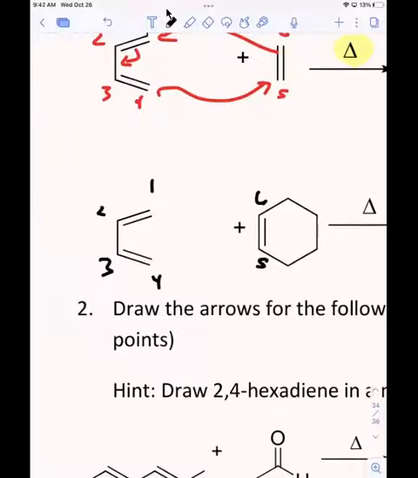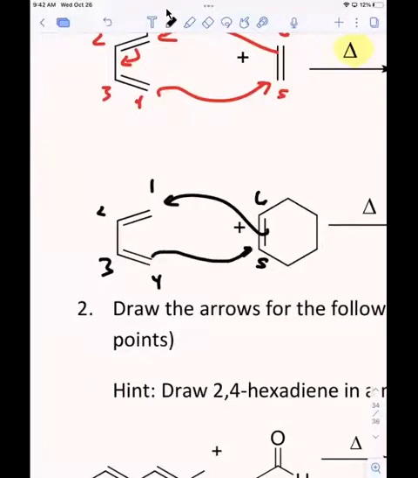So we're going to put an arrow from 6 to 1. Okay, you want to start there? Yes. And then let's think this through though. The diene is normally considered the nucleophile. So you want to start here.